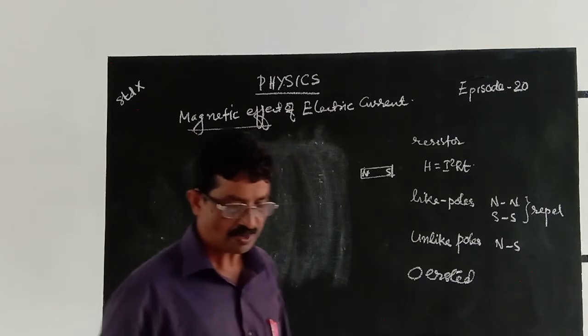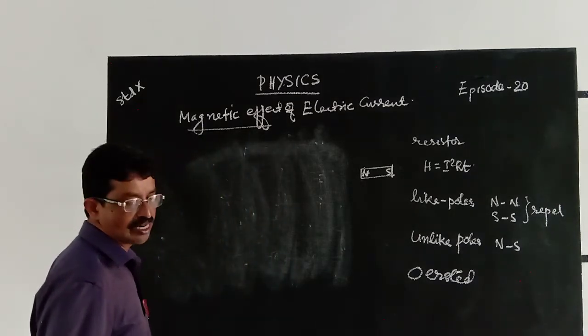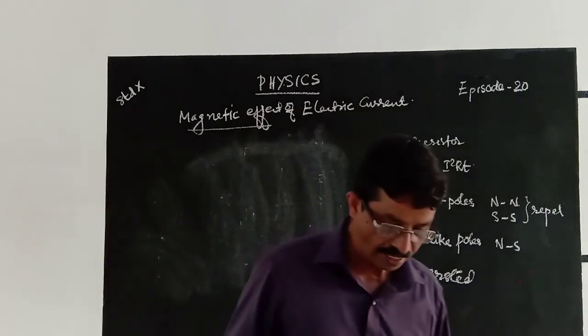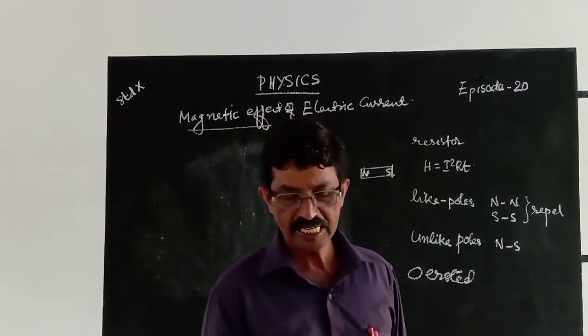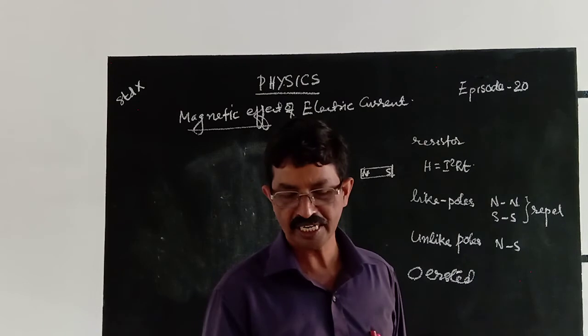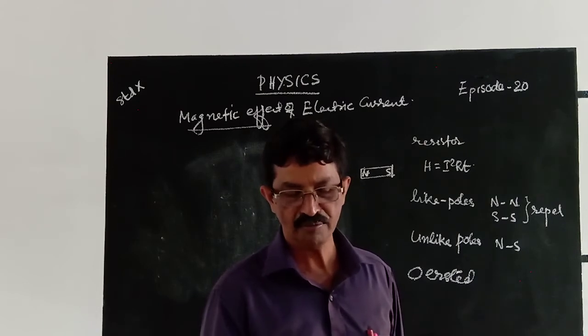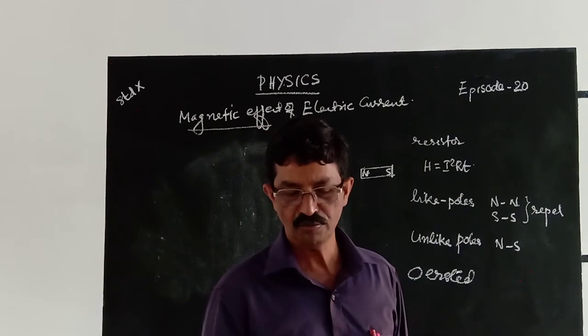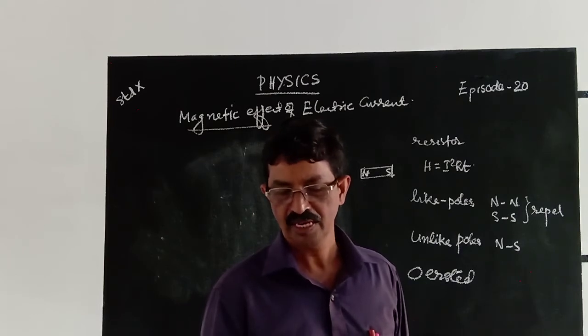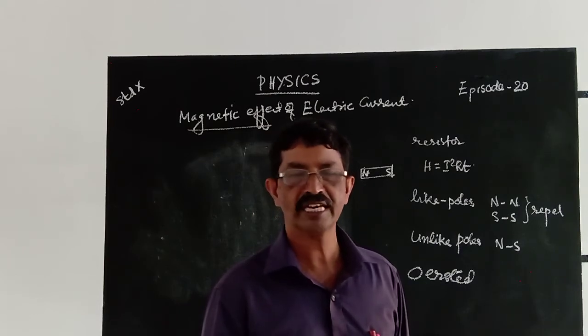Now, here in Activity 1, before that activity, one question is given. Why does a compass needle get deflected when brought near a bar magnet?